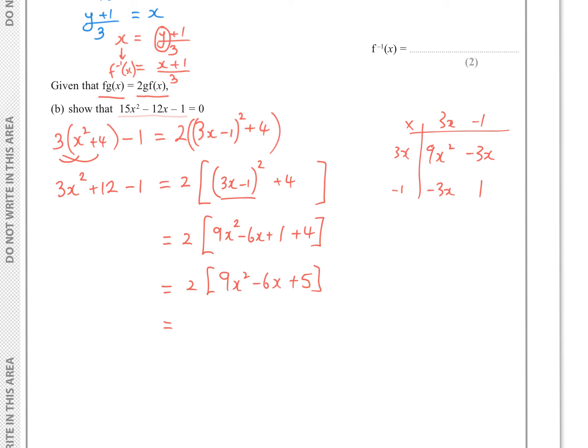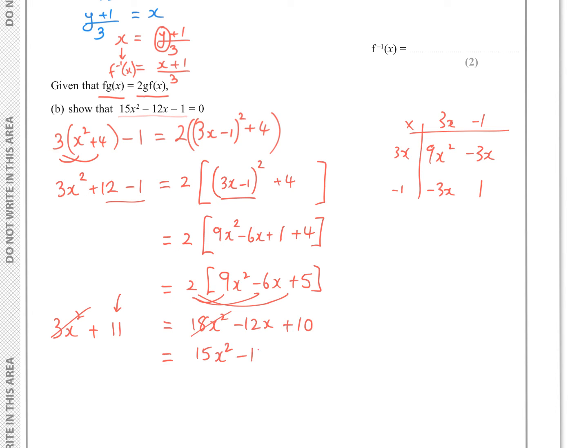And then multiply out. So we've got 18x squared minus 12x plus 10. Rewrite the left hand side here, because 12 minus 1 is 11. And then I'm going to get everything on the right hand side, so I'm going to take 3x squared off both sides, and that's going to give me 15x squared.